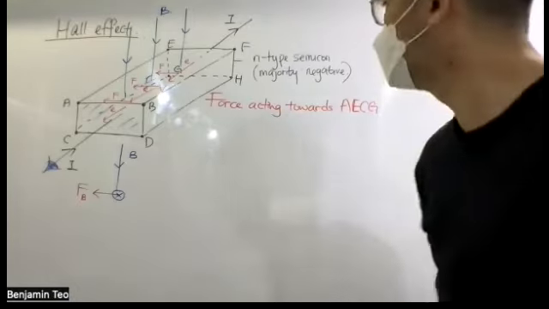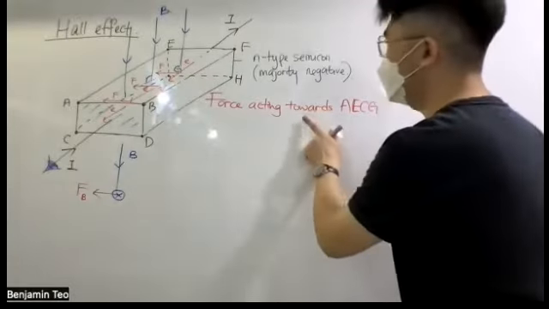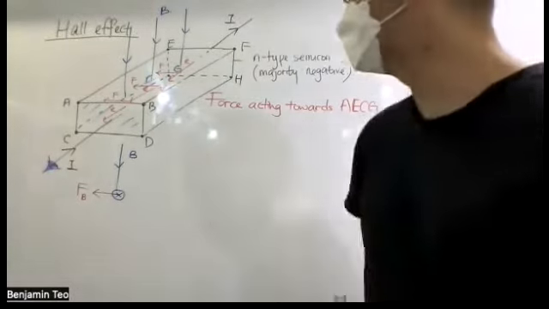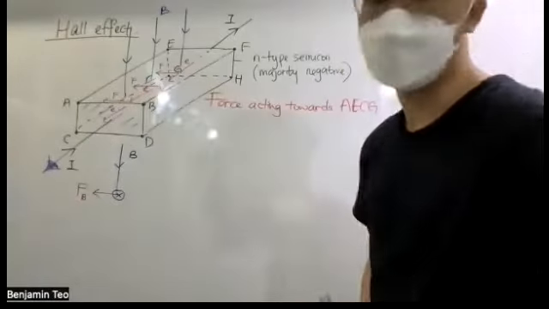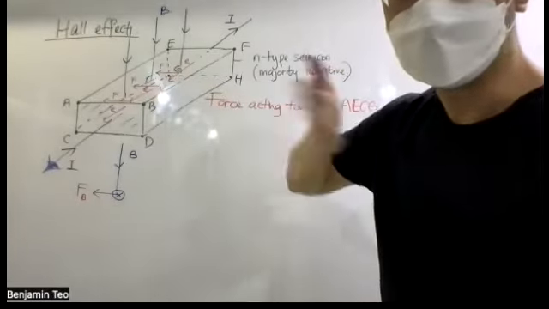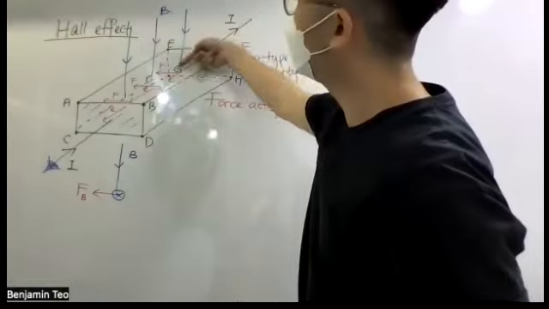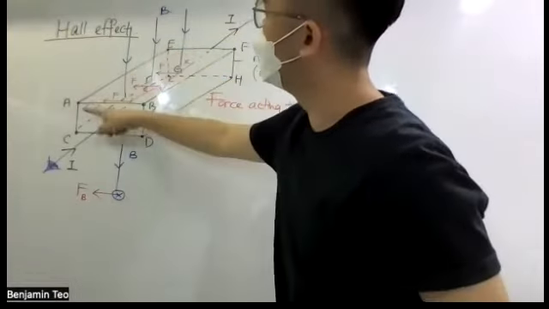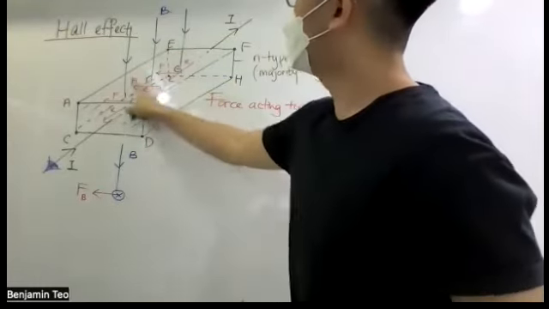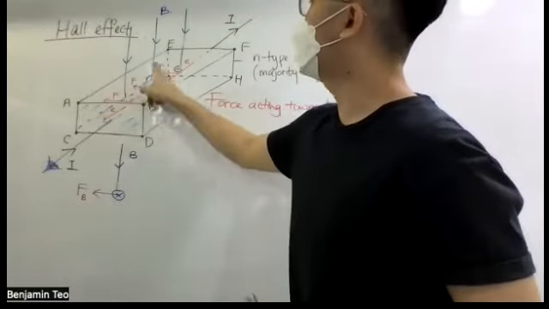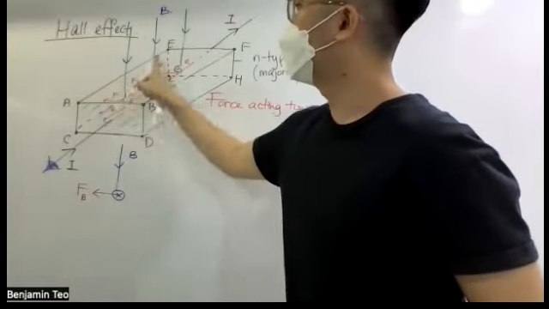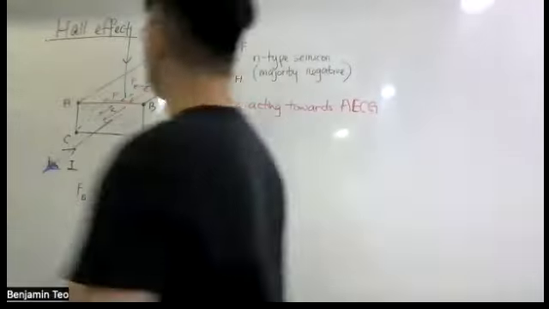What happened next? You have a force acting on the charge towards AECG. So the charge will start moving to the side here. You'll see a curved trajectory, all move to this side. When they come here, all these electrons come here. There's a buildup of electrons.